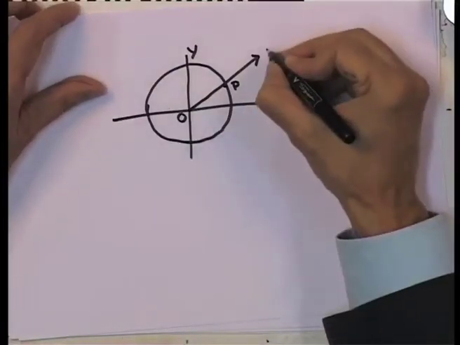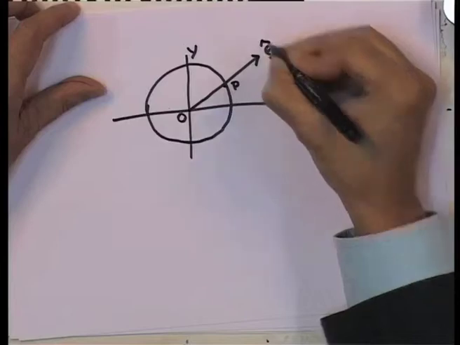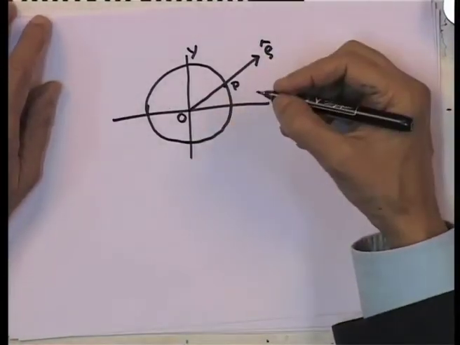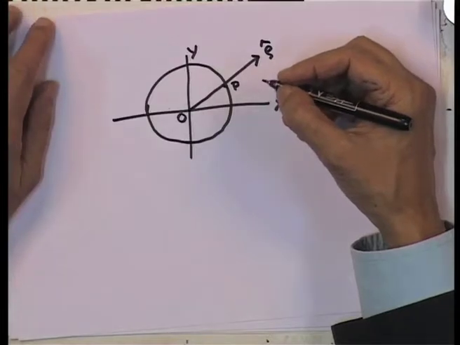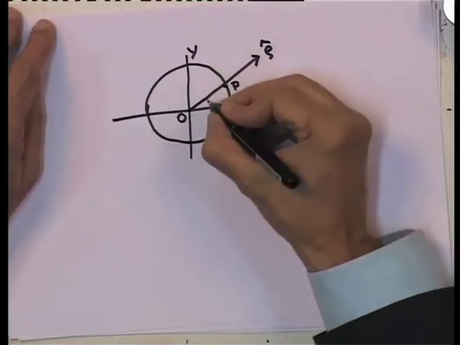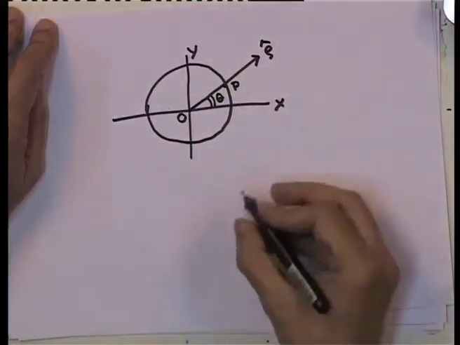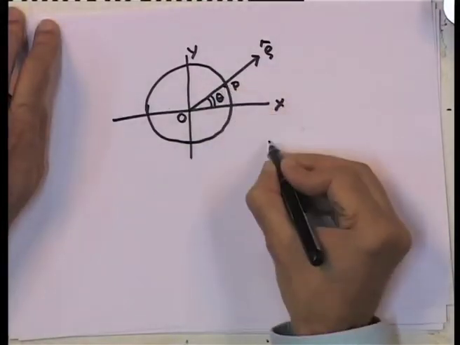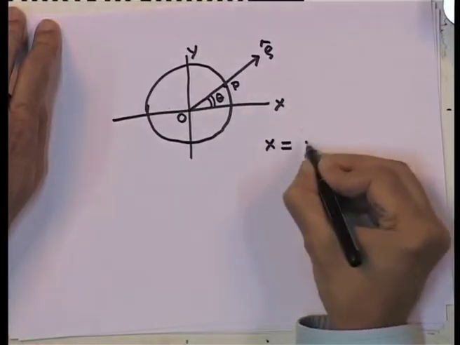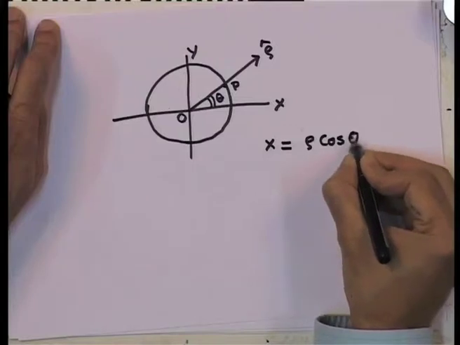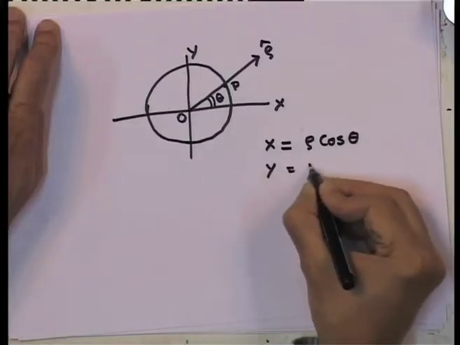I will represent it by rho, so that you do not get confused with the radial direction of the spherical polar system that we will be talking about. This angle is theta. So, therefore, the x coordinate is given by rho cos theta. Rho is the distance from origin, and y coordinate is rho sin theta.